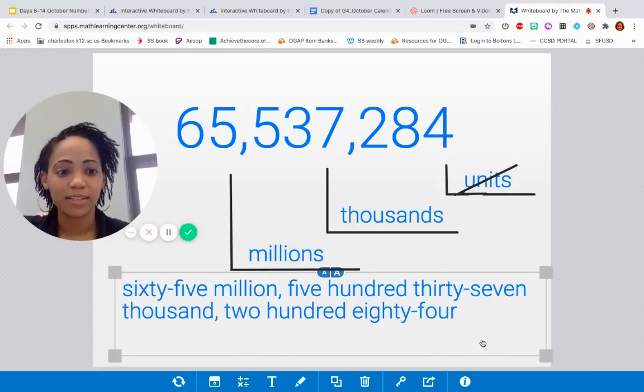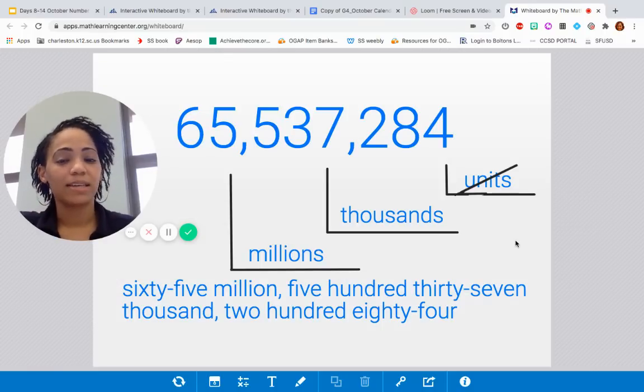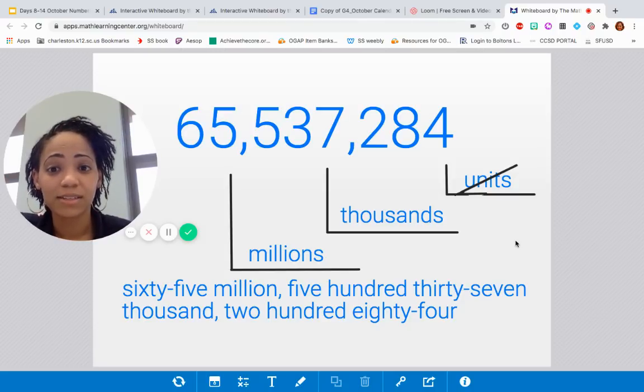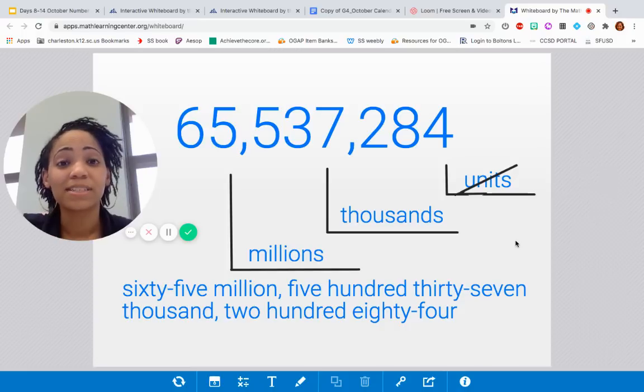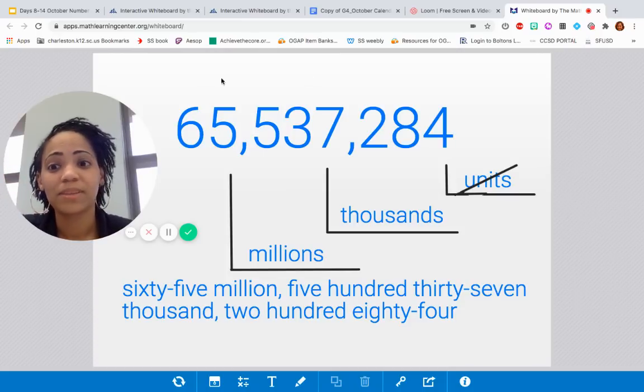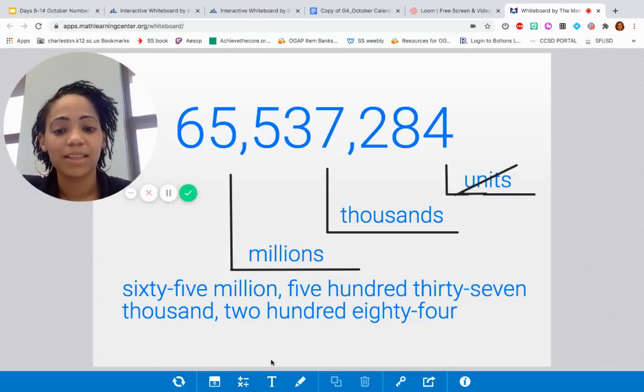All right, great. We're going to do one last thing. We're going to write this number in a different form. Expanded form. Do you know what that means? It means I'm going to represent the value of each digit, and I'm going to write it like I'm writing an equation. So let's try it.